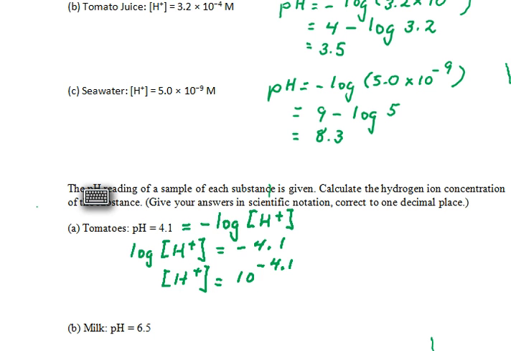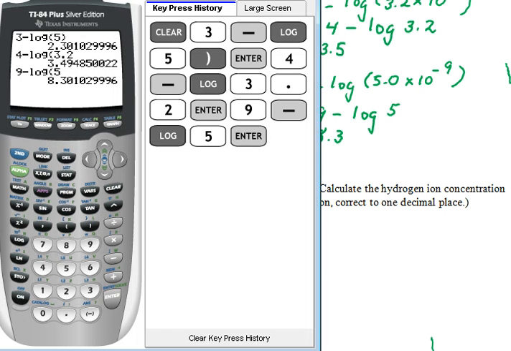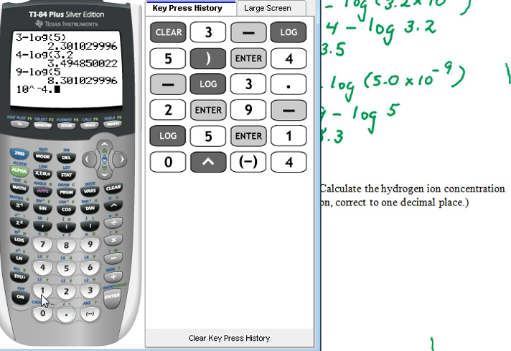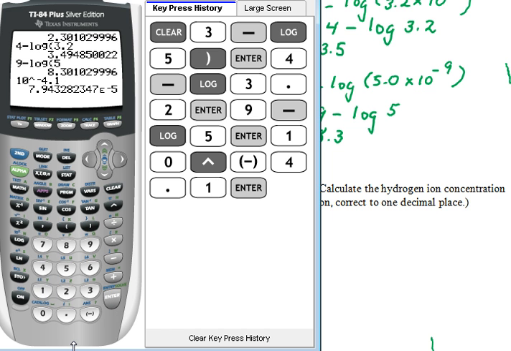And so if we use our calculator, we'll enter 10 to the power negative 4.1 and get approximately 7.9 e negative 5.